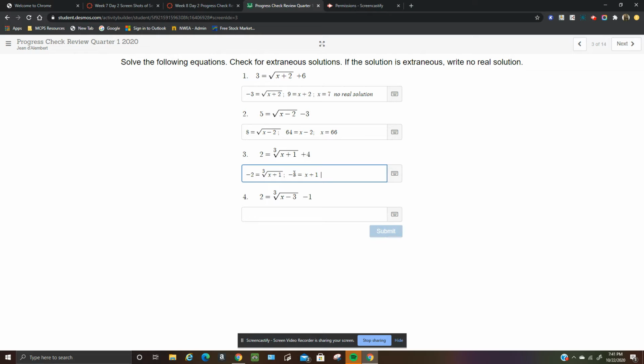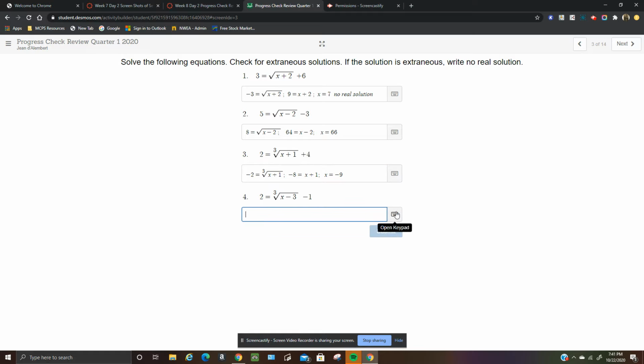And subtract 1, x equal negative 9. So negative 9 plus 1 is negative 8. Cube root, negative 2 plus 4 is 2, so that works.